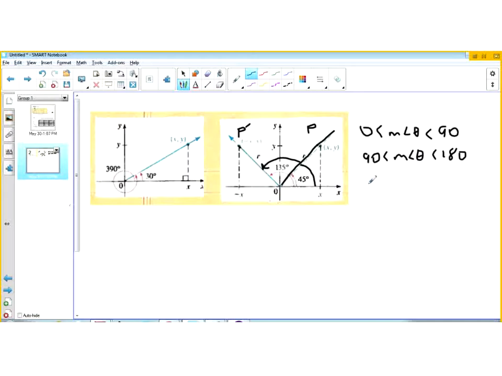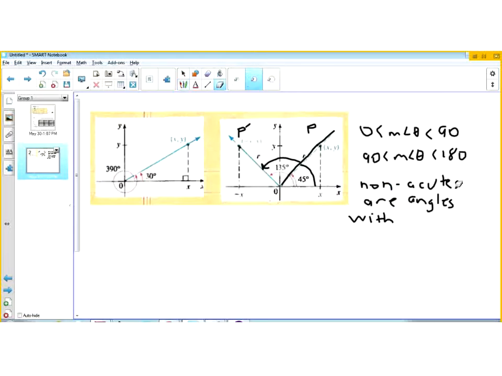So non-acute angles, as opposed to obtuse angles, are angles with measure greater than 90 degrees. So non-acute angles, of course, include obtuse angles plus other angles.